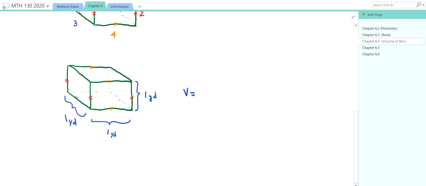So then our volume equals 1 yard times 1 yard times 1 yard. That's length times width times height. That equals 1 yard cubed, or 1 cubic yard.